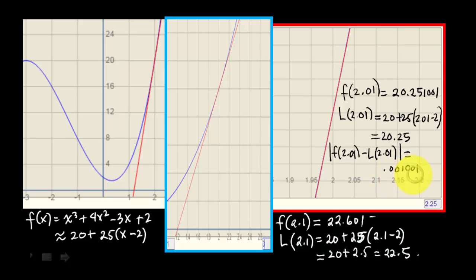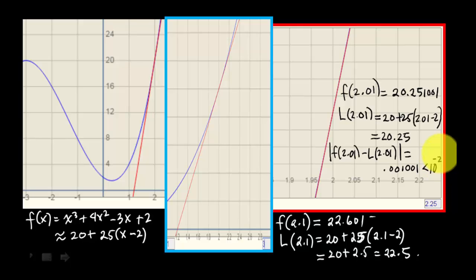That means it's less than 0.001, or think about it, because of that 1 there, let's just say it's less than 10 to the minus 2, which is cool.